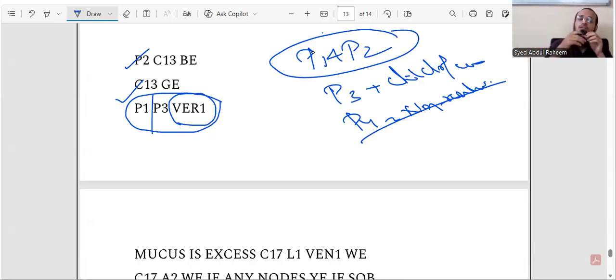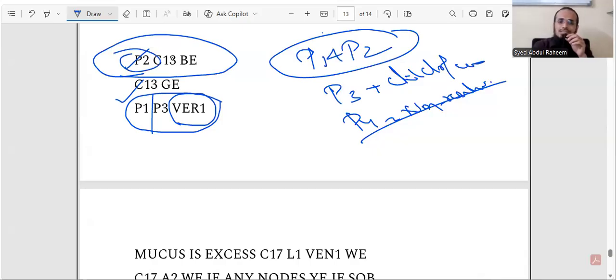Initially, he's coming, so P2 C13B. P2 works on the whole lungs, C13 will work on the entire throat, nose, and upper respiratory tract, and BE is for reducing inflammation. C13GE will work on the upper respiratory tract as well as the cellular structures of the lungs.